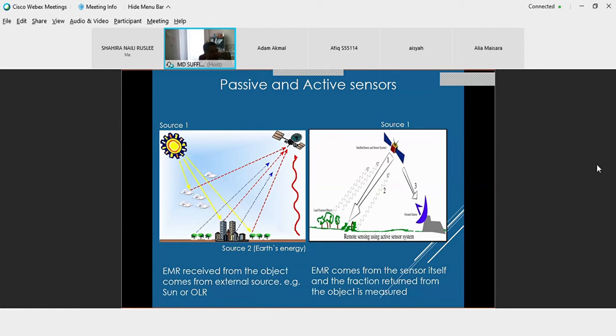So dia tak bergantung kepada cahaya matahari ataupun daripada bumi. That's what is active. That means dia provide their own light ataupun energy punya source.